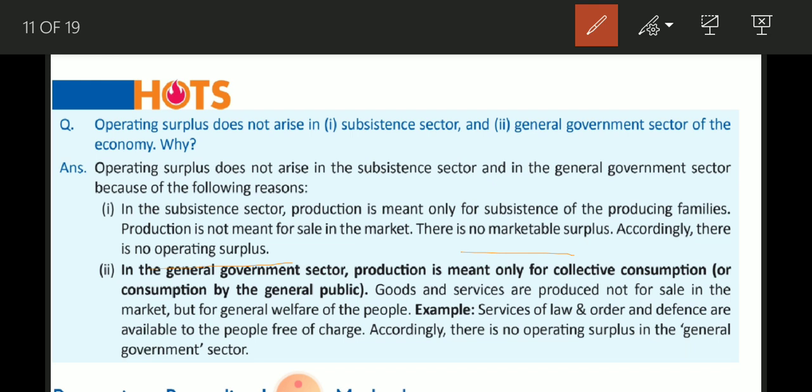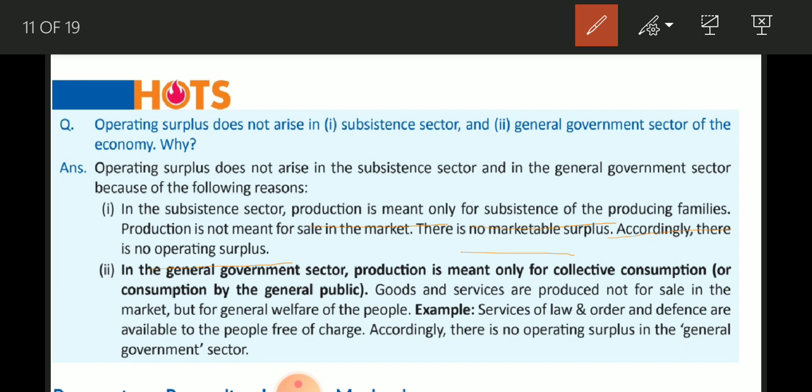So what is subsistence sector? If production is meant only for subsistence of the producing families, if production is only able to complete the requirement of the producing family, there is no extra that the producer is going to sell and get something. So in this case there is no operating surplus.